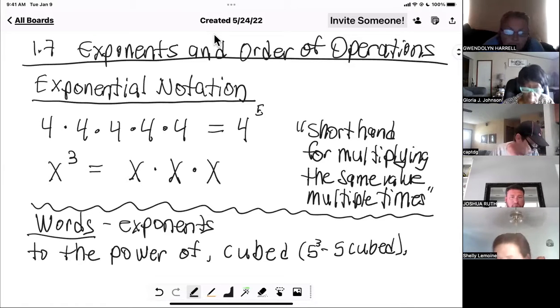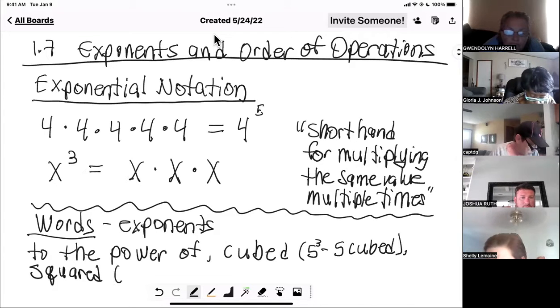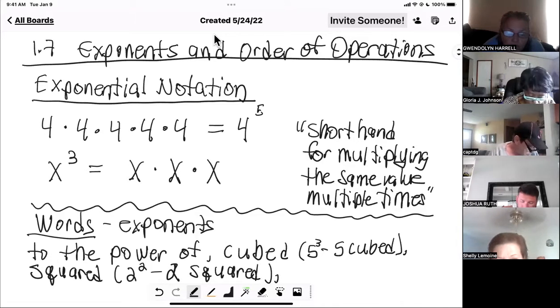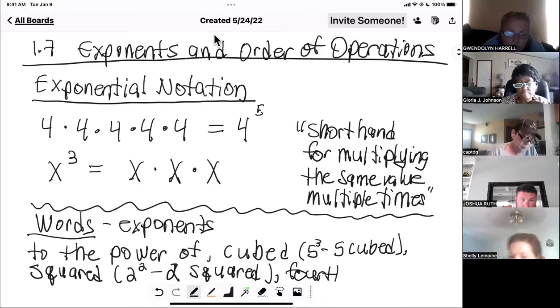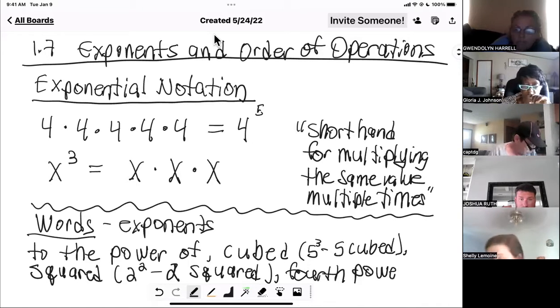We can do squared. 2 squared means the power of 2. And then you go on from there, like you could say 4th power. That would be like 6 to the 4th power.